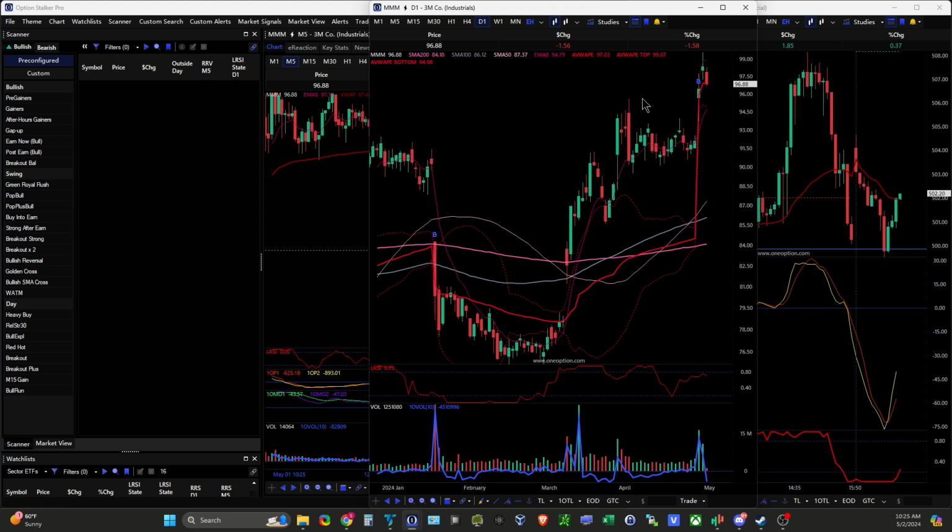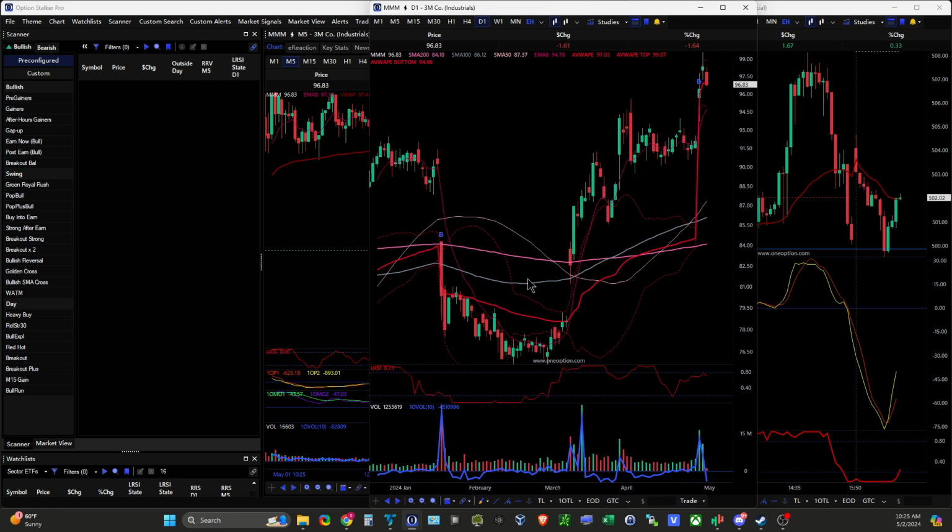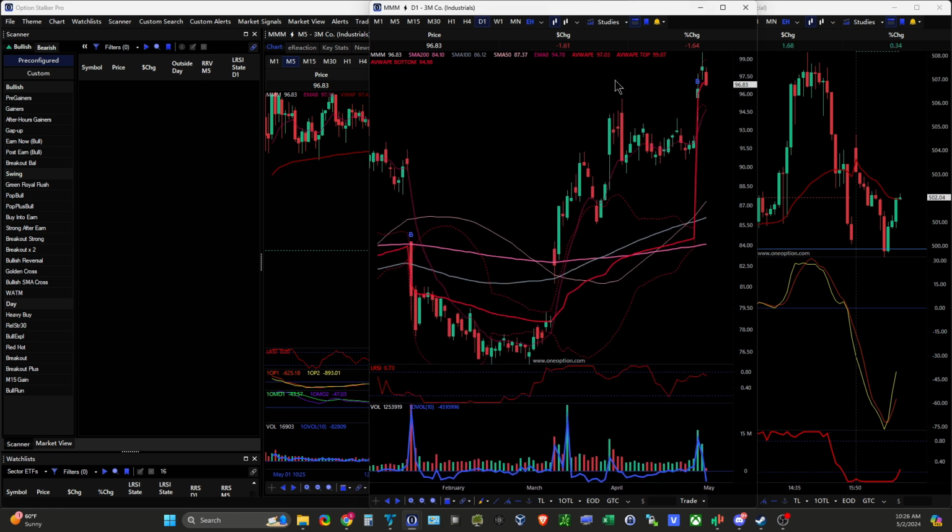Not at all. So, as we can see here from this May 1st candle that happened the day after its earnings, I would lean on day trading that and not holding it overnight, just because this breakout is going to be tested.